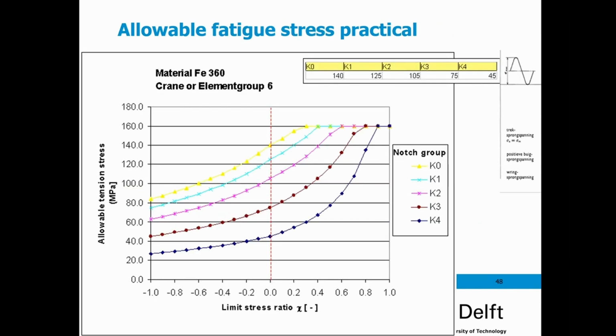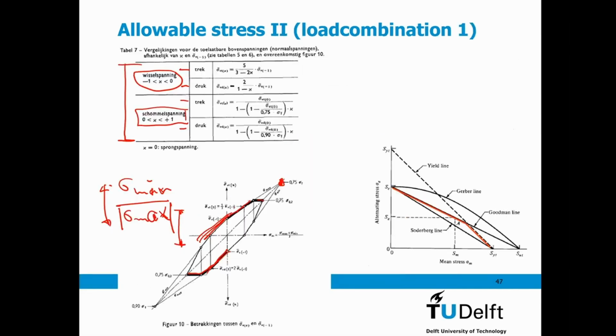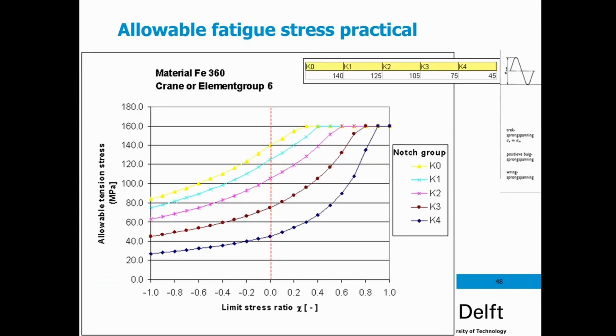Okay, so this is the way how to calculate this stuff. But if I'm in the design phase, then I say, okay, how do I use this? And I think that is the beauty of these lifting appliances standards, because there you can do the opposite.